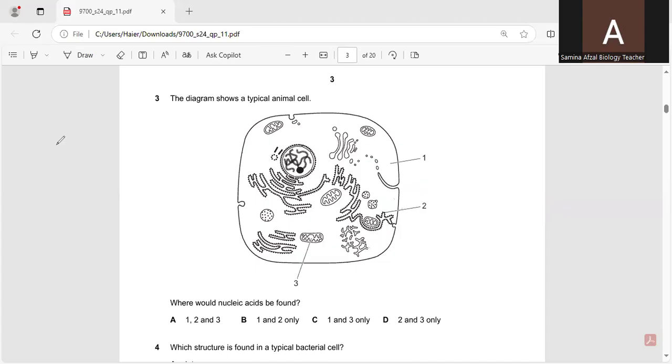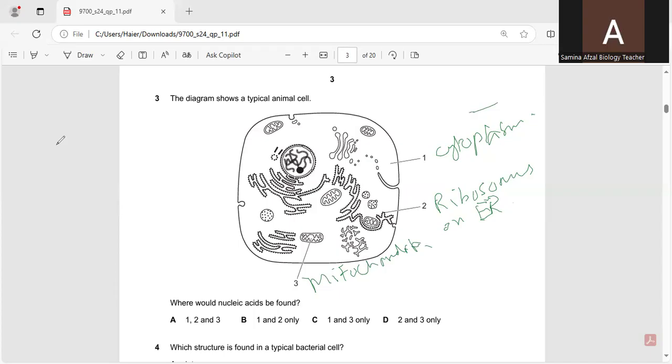So the first part is cytoplasm, and the second part is ribosomes on endoplasmic reticulum. And then the third is the mitochondria. So all of them have nucleic acid in them.